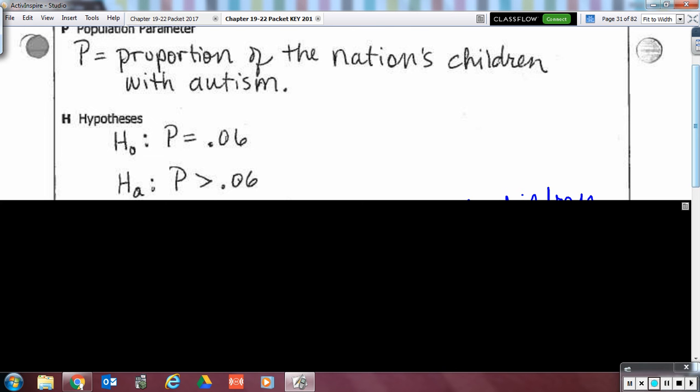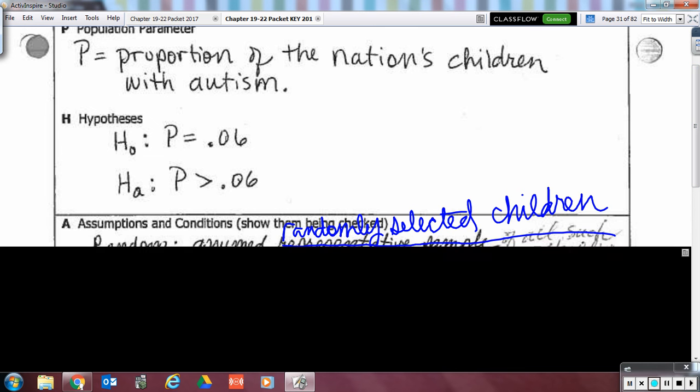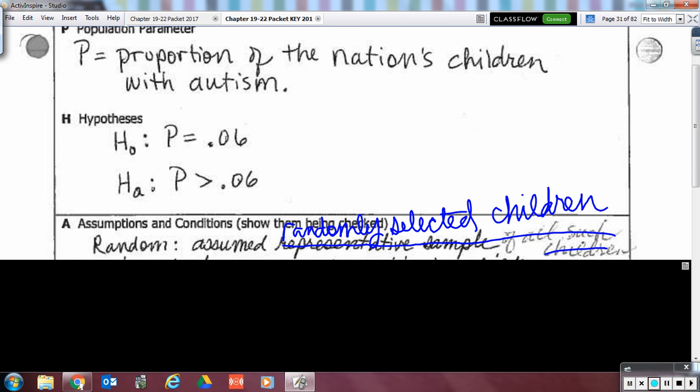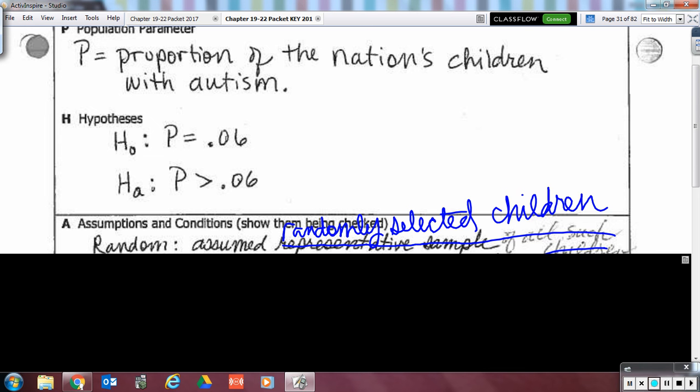So P and H. And A is the assumptions, so that's our get real. And our first one is that we have randomly selected children. So we assume that we have randomly selected children because it didn't tell us. It's pretty much the way I want that to be said. Okay, independent.